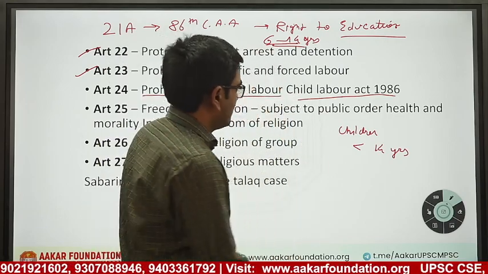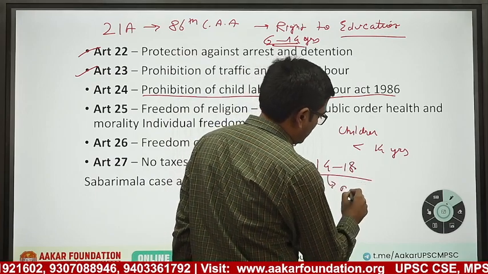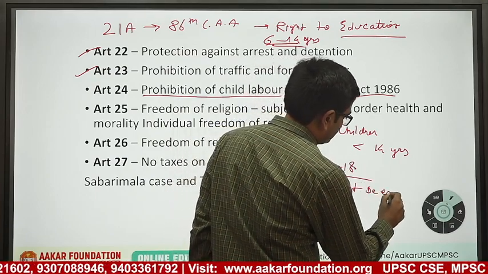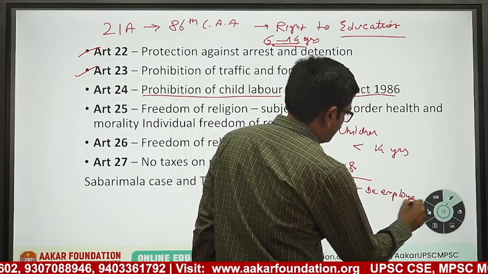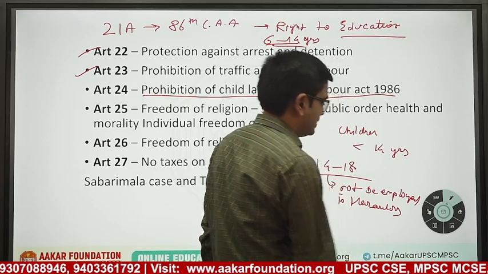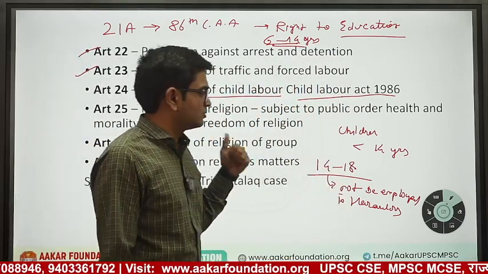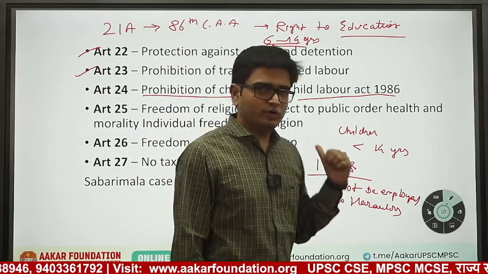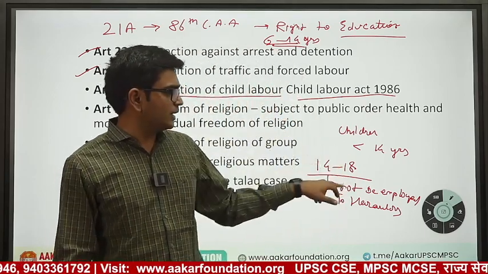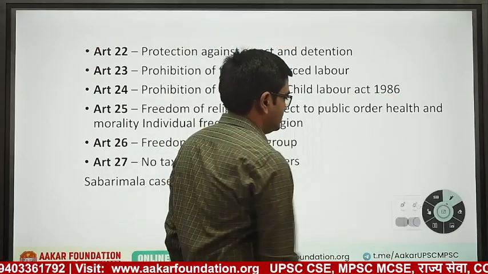But children 14 to 18 years shall not be employed in hazardous conditions. So they have improved the statement given in the constitution. The act says less than 14 years no employment, 14 to 18 years no employment in hazardous situations.